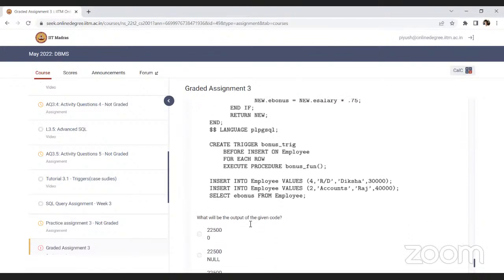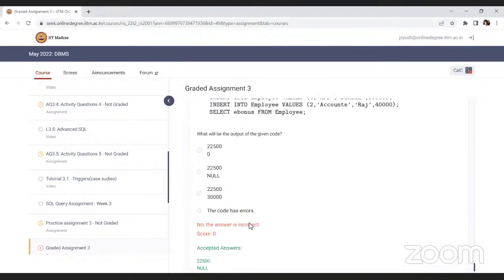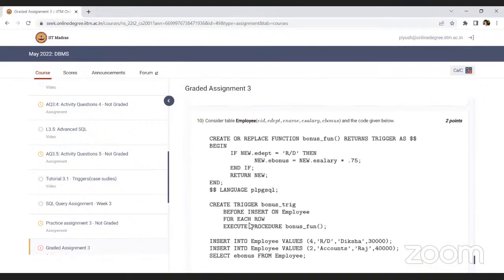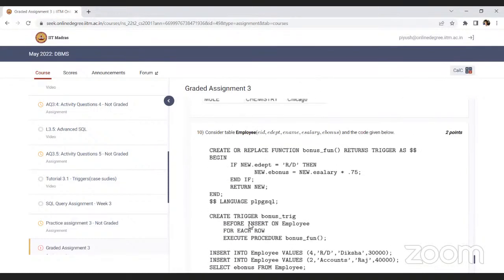So on insert, I'm assuming that when we are inserting into employees, all we have put in there is this 4, RD, Diksha and all that. But the record is not there in the table yet because this trigger is getting initiated before the insert itself.